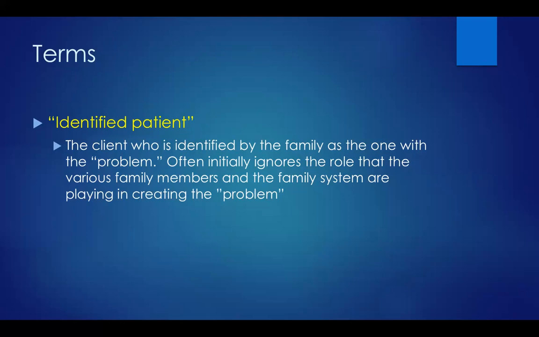So usually the family has picked someone as the person with the problem. And often the family ignores the role that they're playing in maintaining or creating this problem. They're usually oblivious to the ways that they are maybe enabling this person or contributing to this person's behaviors. So it can be hard in the beginning to get the family on board that they might also need to make some changes to get the identified patient to change.